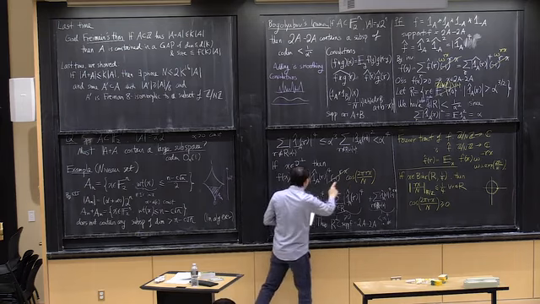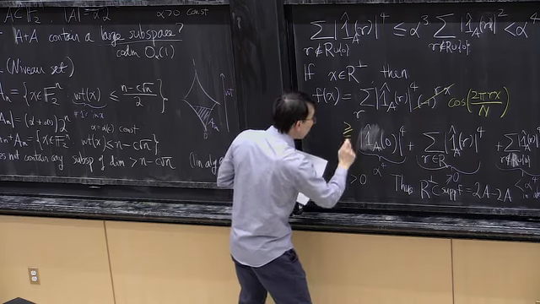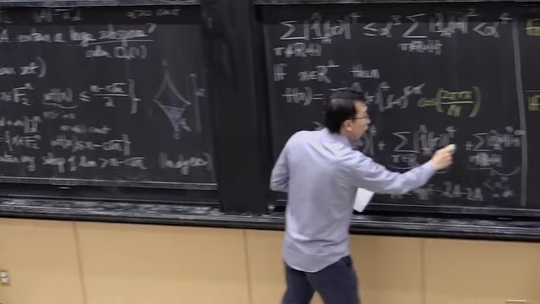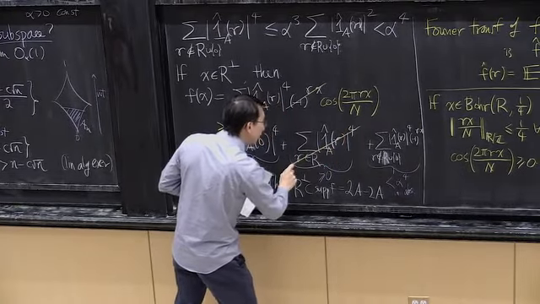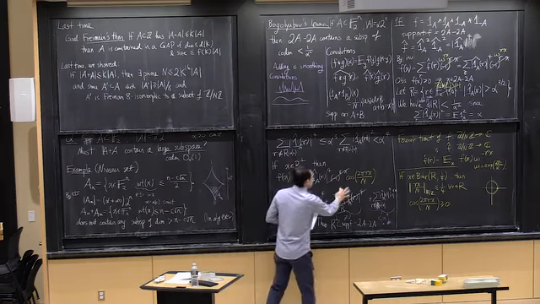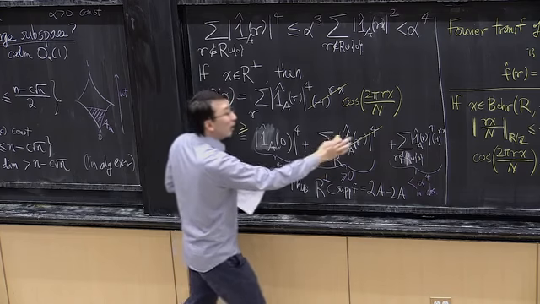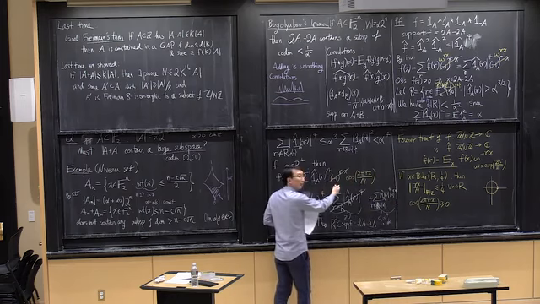And now for the next step, we have non-negative sign here because, let me just cross out this step over there, all of the terms that correspond to little r and big R have non-negative contribution.